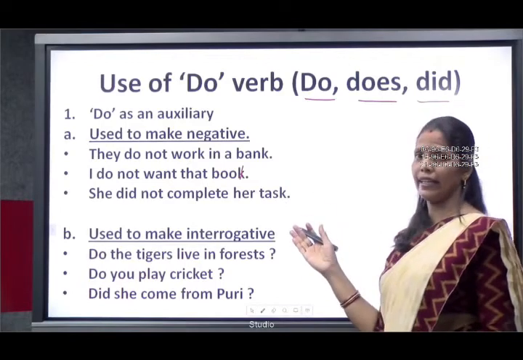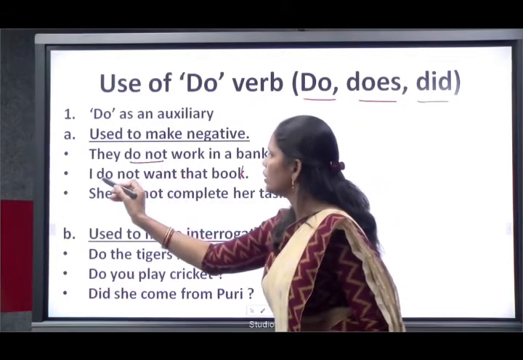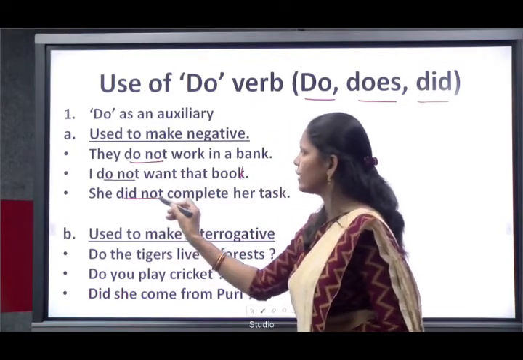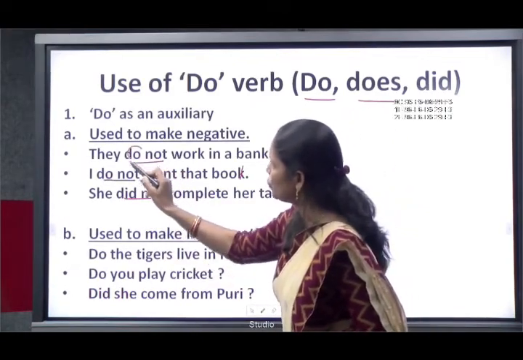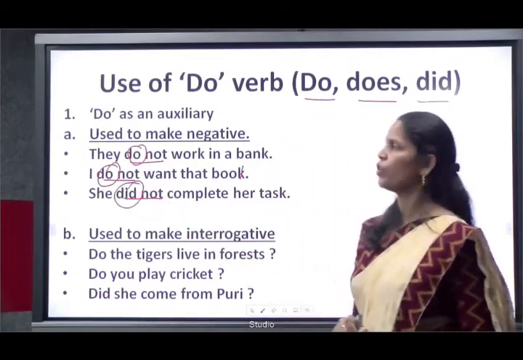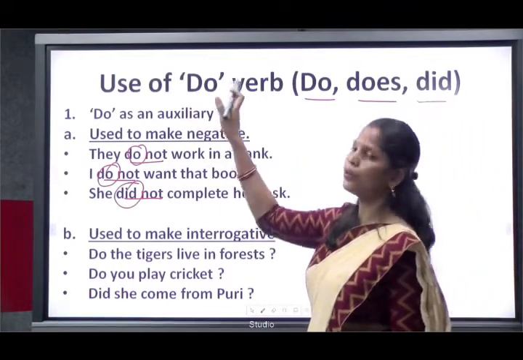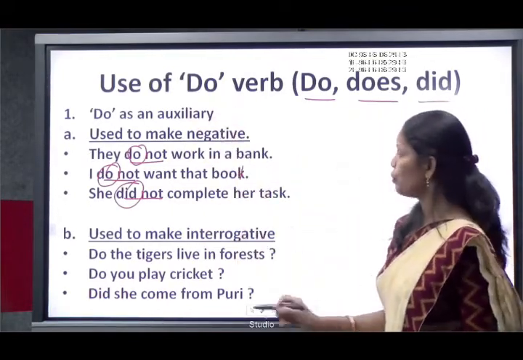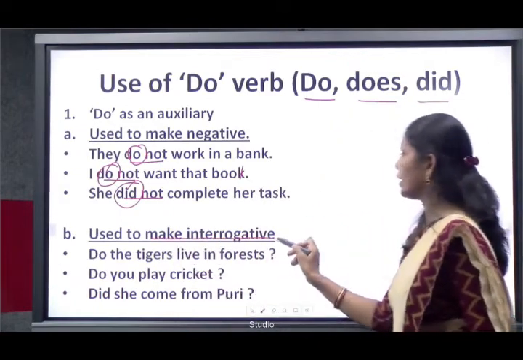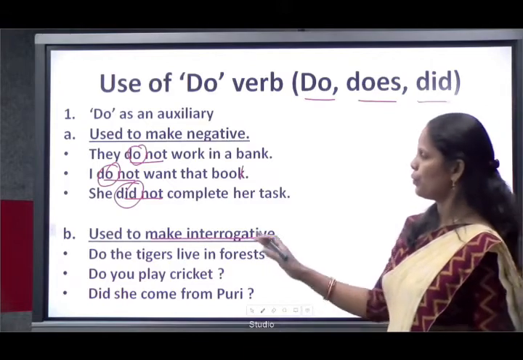To make these negative, we use do not. Here also do not, did not. Here the auxiliaries are do and did. So to make the sentence negative, we use the do verb. And also to make the sentence interrogative, we also use the do verb.